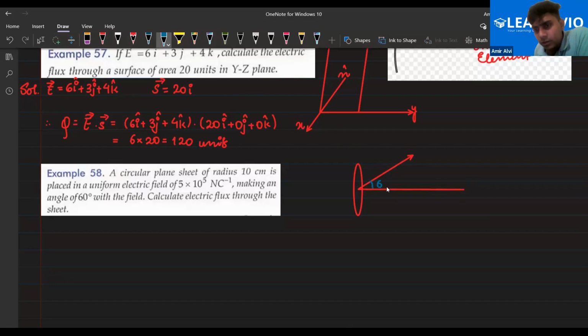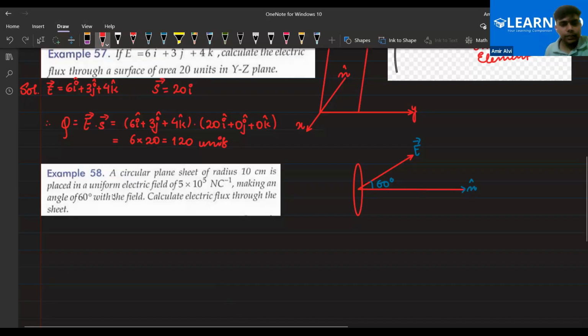So this is 60 degrees. This is the E vector. So that means this is your area vector, or you can say S. So this question says that we have to find the electric flux.